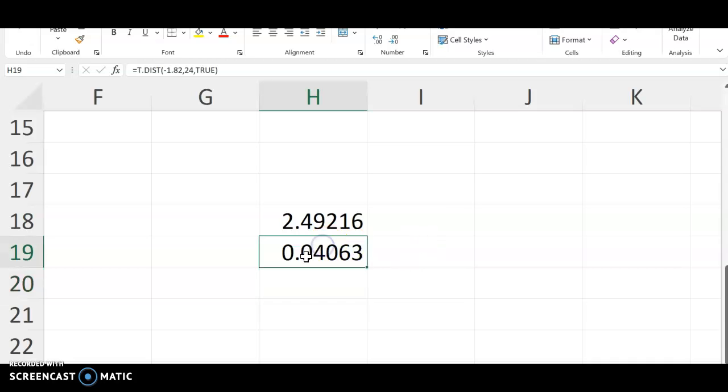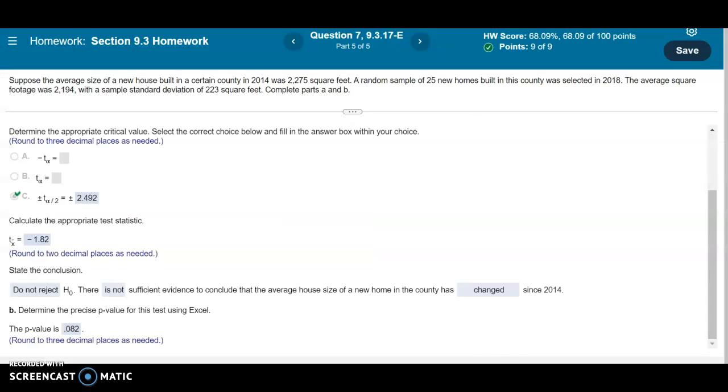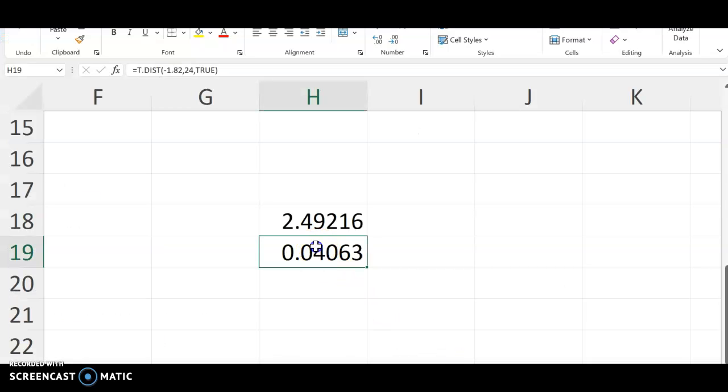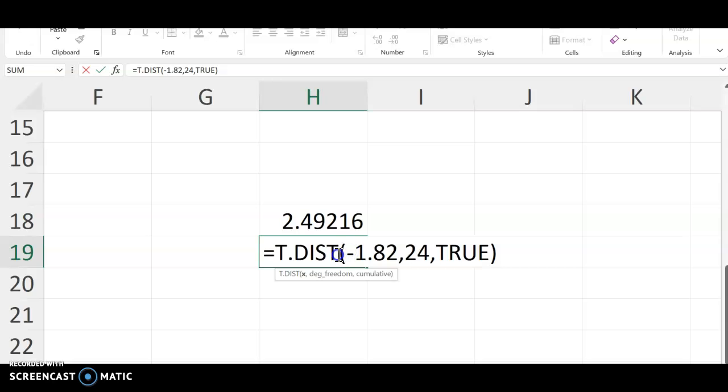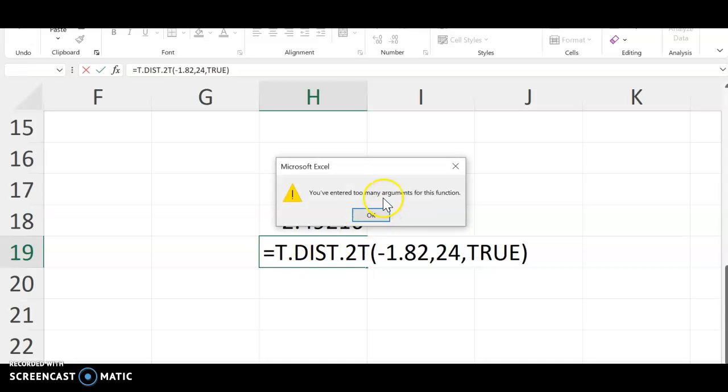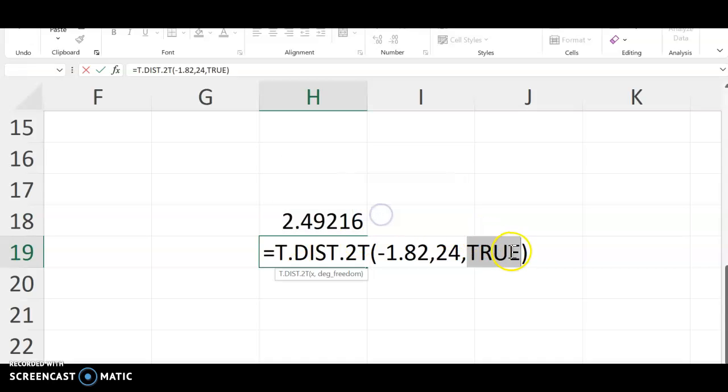So your p-value is 0.041. That is, this is a two-tail. So let me see if I can change that for you. You could probably times it by, okay, let's see.